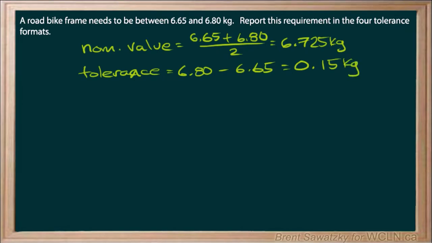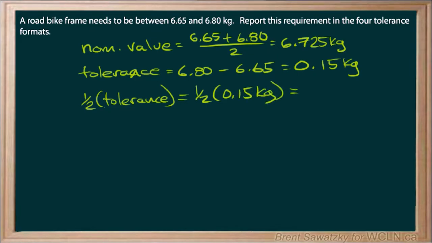And we also need half tolerance. We kind of say, okay, if we're going from the nominal value, how much do we add to get to the max? How much do we subtract to get to the minimum? And in order to do that, we need to know what that half tolerance is. And so half the tolerance is equal to half, and we already know the tolerance, 0.15.